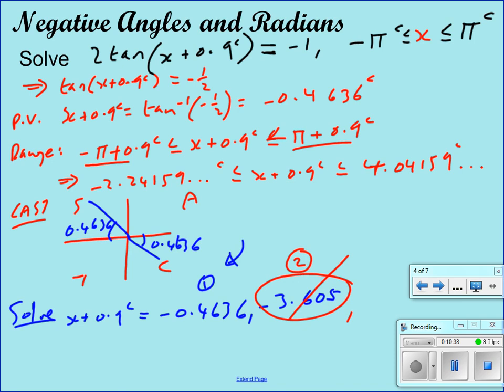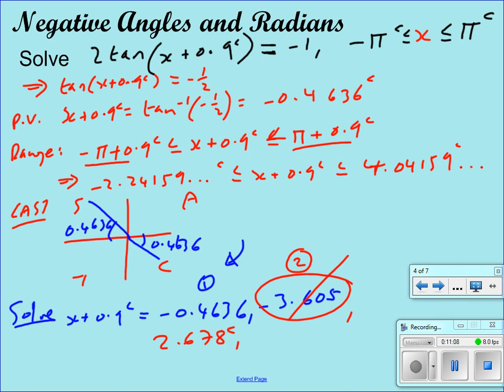But I've got to keep this in mind for adding a minus in the period, okay? So if we go from our solution 1, if I subtract the period of pi, I get minus 6.7467, blah, blah, blah. Too small. If I do my minus 0.4636, because remember we're looking at tan, plus our period of pi, I get 2.678 radians.